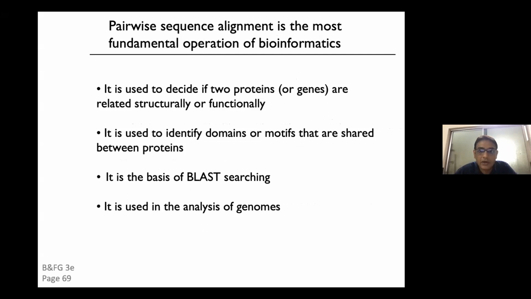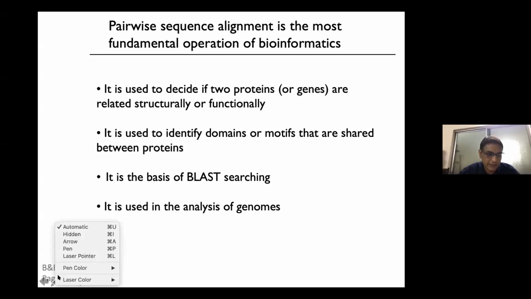So pairwise sequence alignment is the most fundamental operation in bioinformatics. What do you do in the pairwise alignment? We compare two sequences, and there is an assumption that if the two sequences are similar, they are structurally and functionally similar.